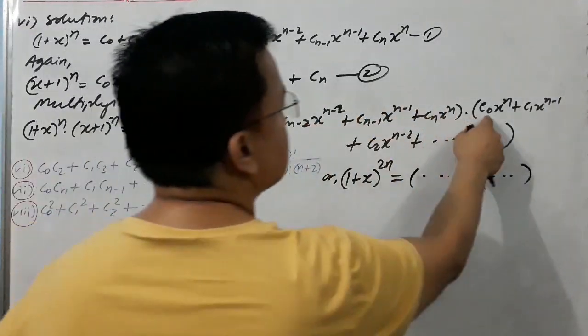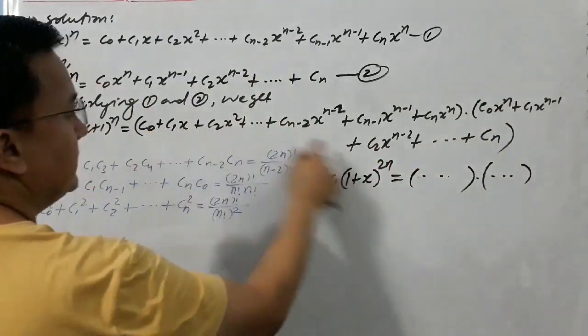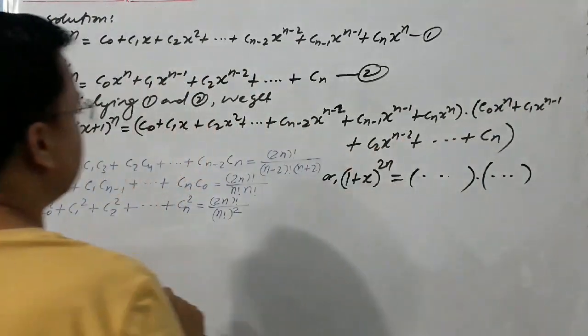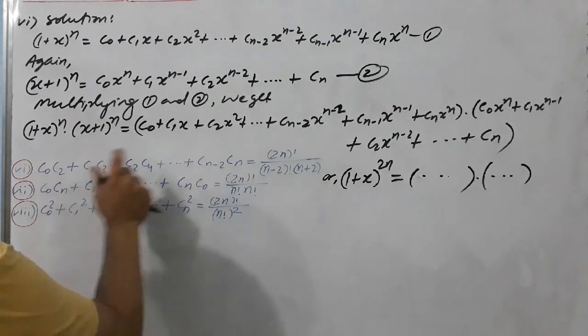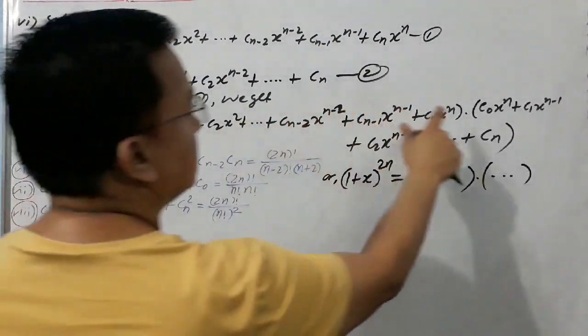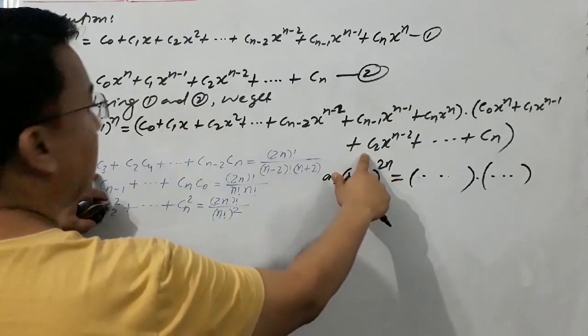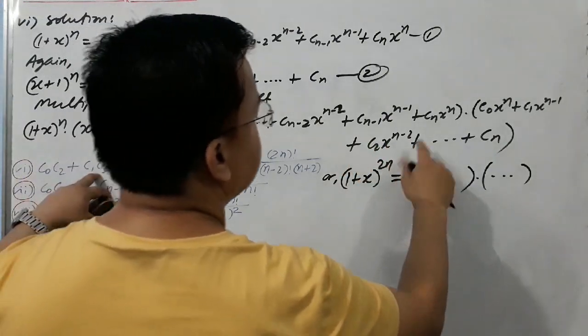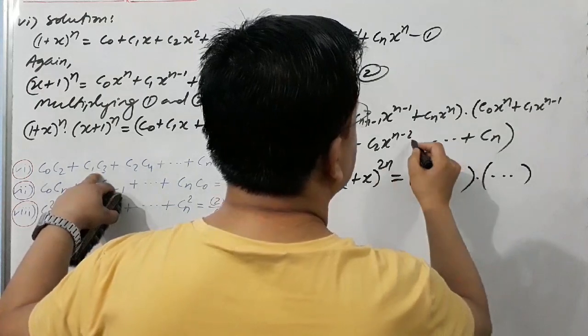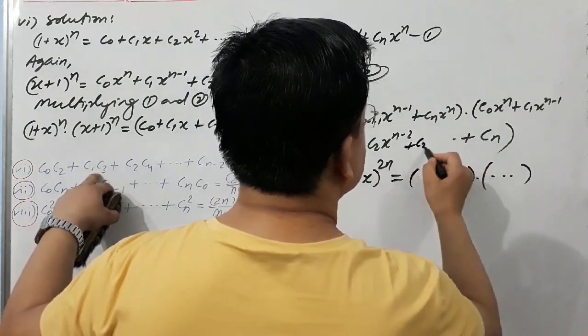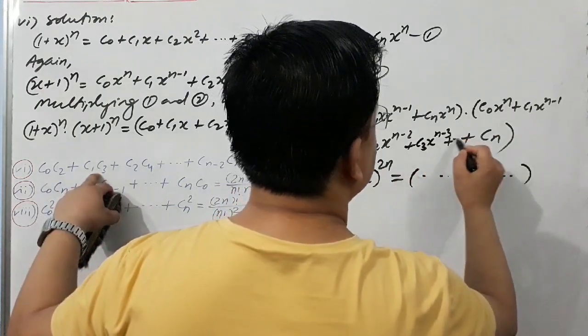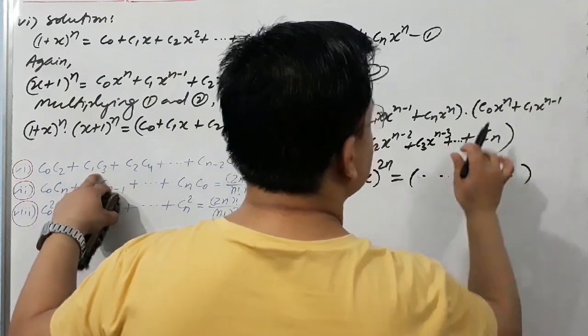C0 times C2 is the coefficient of x raised to power n minus 2, whether you are getting it or not. C1 times C3, C3 will be here, we may write down C3 x raised to power n minus 3, plus dot dot dot.